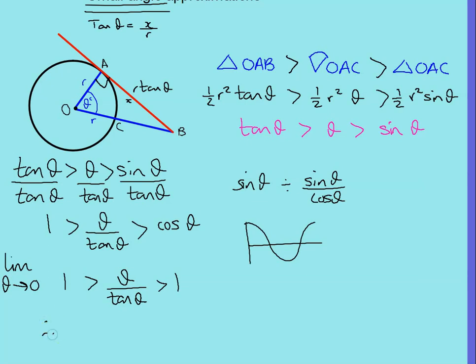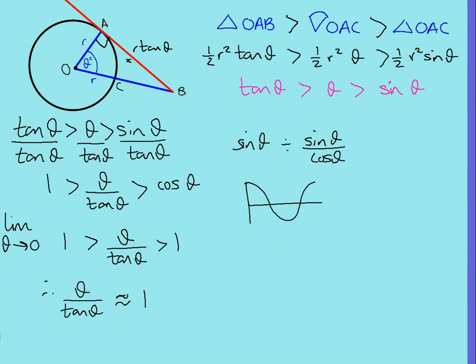So what we can say is, therefore, theta over tan theta is approximately equal to 1, I should say. And that is for all small angles. Okay, so because this is approximately equal to 1, then this must be equal to 1.